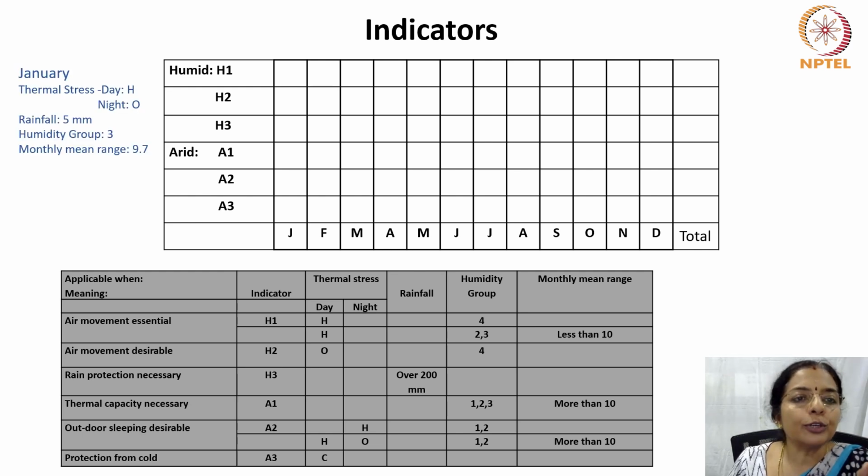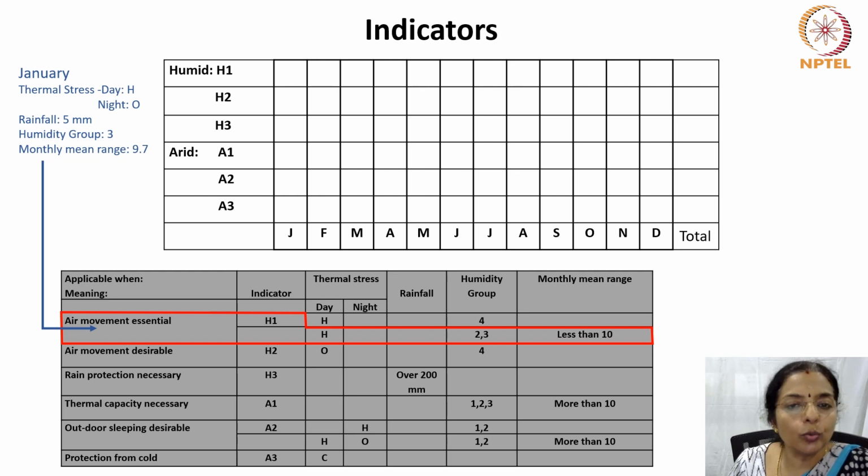So for January, we know that the thermal stress during day is H and during night it is O. Rainfall is 5 millimeters, humidity group is 3, monthly mean range is 9.7. With this combination, you will get air movement is essential. So you will need air movement in January is what the combination says.